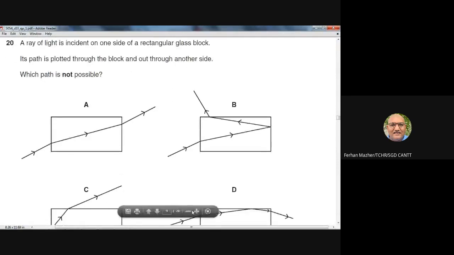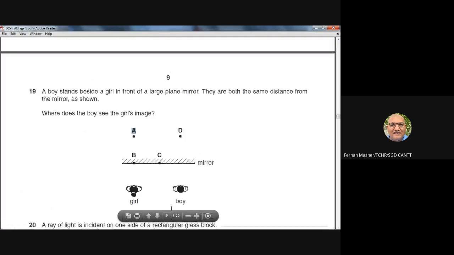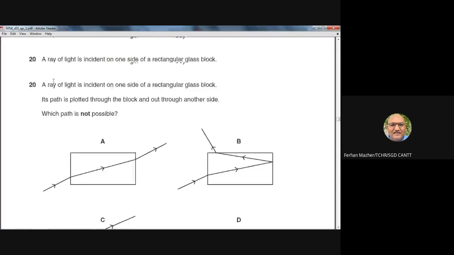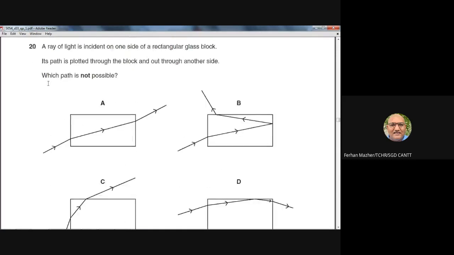Question number 20. A ray of light is incident on one side of a rectangular glass block. Its path is plotted through the block and out through another side. Which path is not possible?